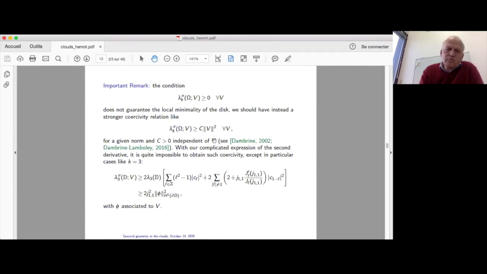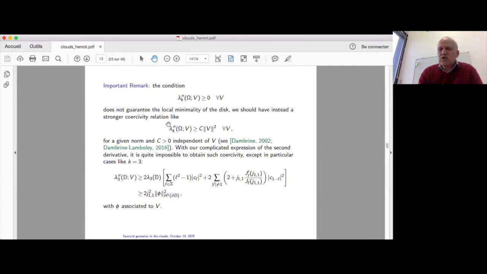I refer to papers, to the PhD thesis of Marc Dambrine, or a more recent paper by Dambrine and Lamboley, where all this stuff is explained in detail. And you see what is the relation between the norm you choose here and the local minimality. And of course, this is more difficult to get than the previous inequality.